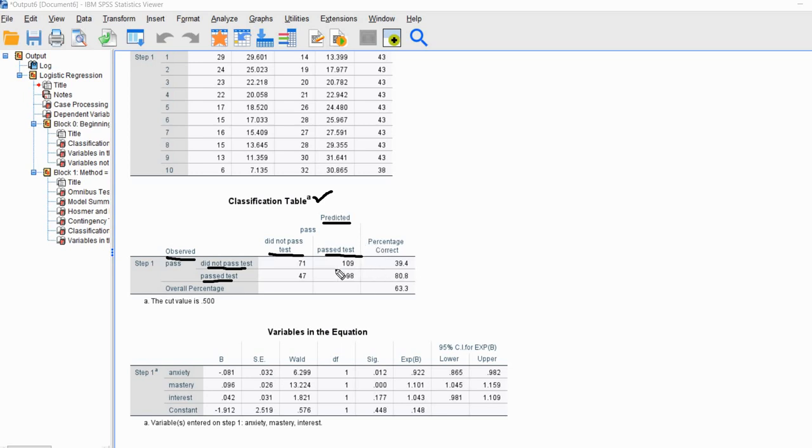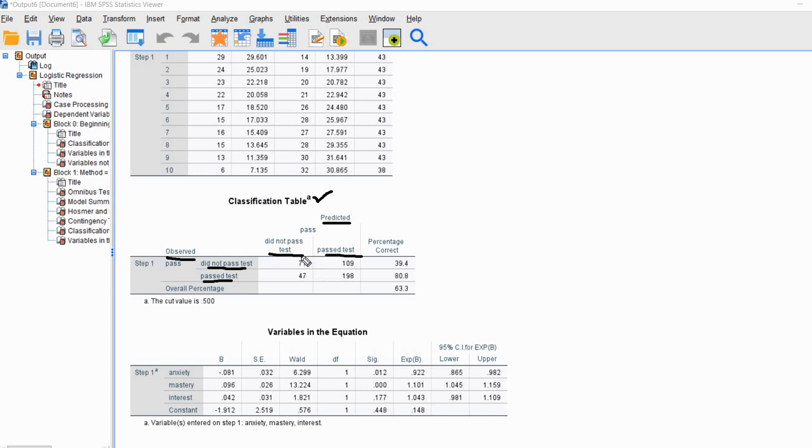And so we can look at this particular table to provide further indication of the fit of our model, basically by looking at the percentage of correct classifications based on our model.